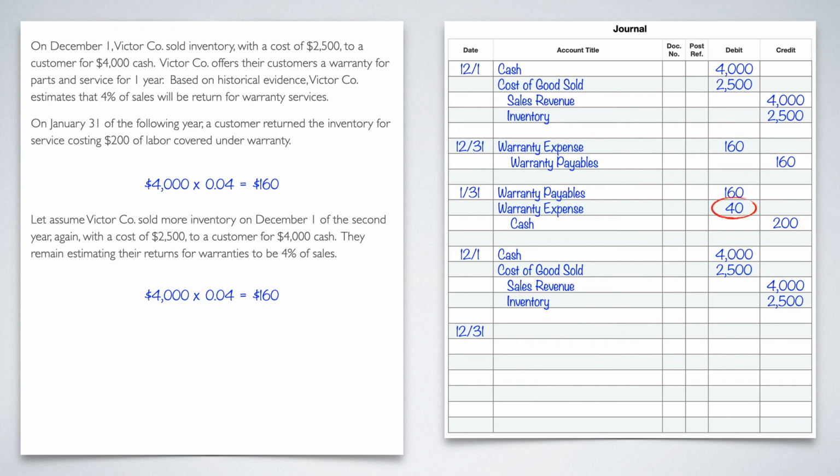So of the 160, 40 has already been expensed this year. So what we need to do is expense the remaining amount. It'd be 160 minus the 40, which gives us 120. So our journal entry for 12/31 of year 2 would be warranties expense of 120 and warranties payable of 120.